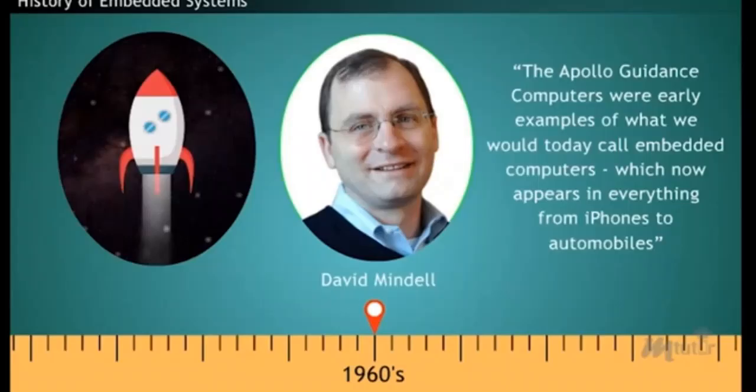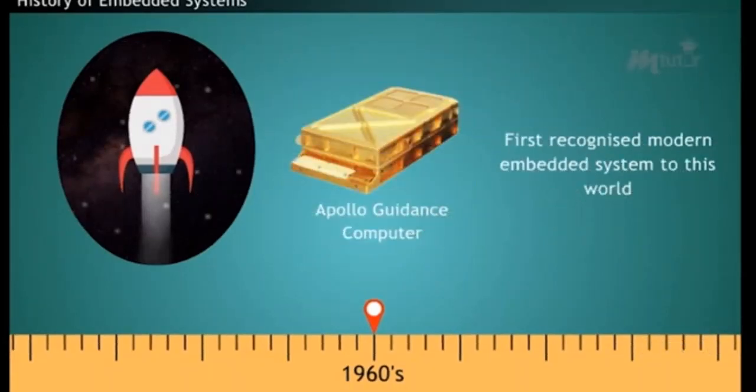Then regarding the very first system, that is the Apollo guidance computer. It was developed in the 1960s, and it's the first embedded system, but it was made for military use. Later, I'm going to show you why. Whenever a revolution in human technology happens, it's firstly made for military purposes, because the budget and the research for military purposes are high.